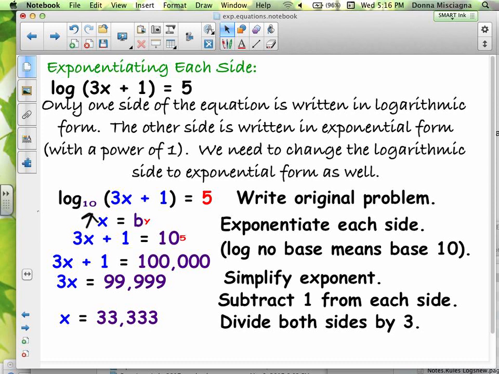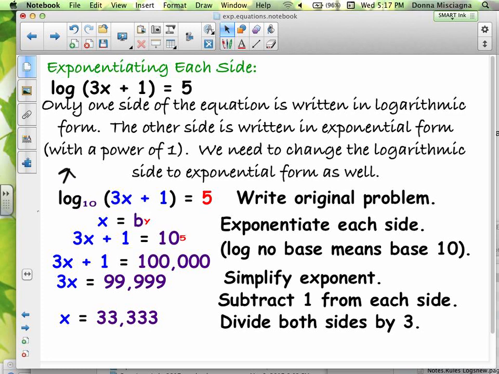I put the 10 in here so that you would know how to write the equation. Base raised to a power gives us a result, right? And I even color coded this, right? So purple's the base, red's the exponent, blue's the result when we rewrite this in exponential form.